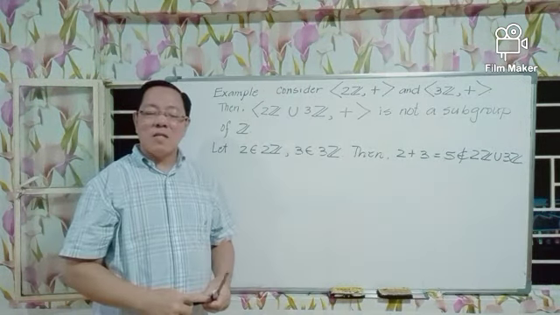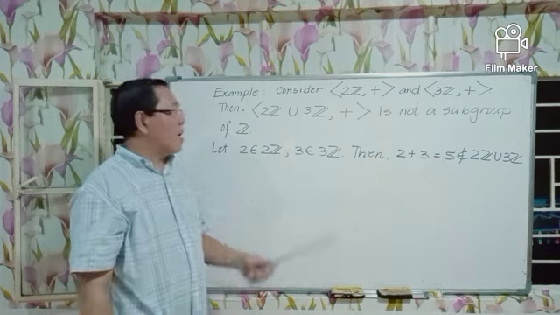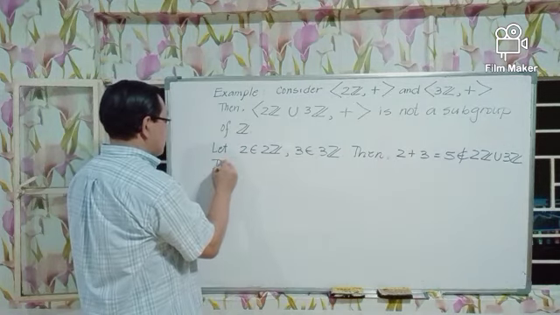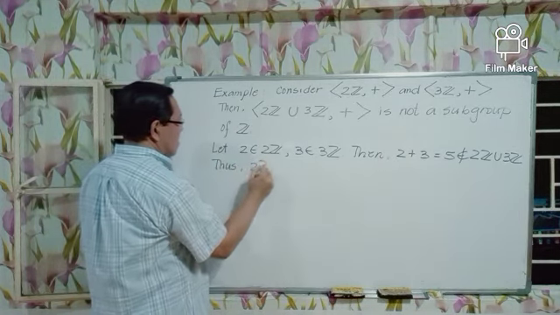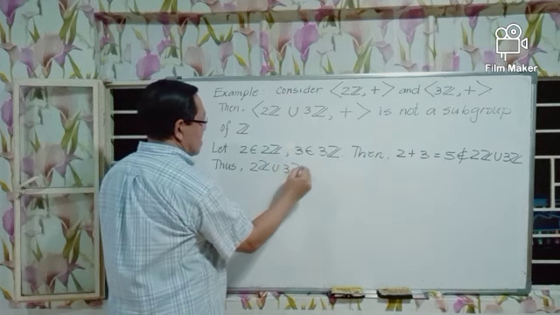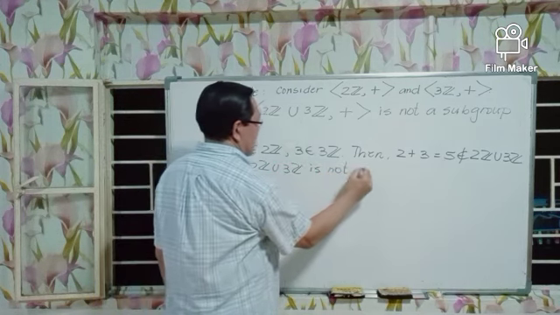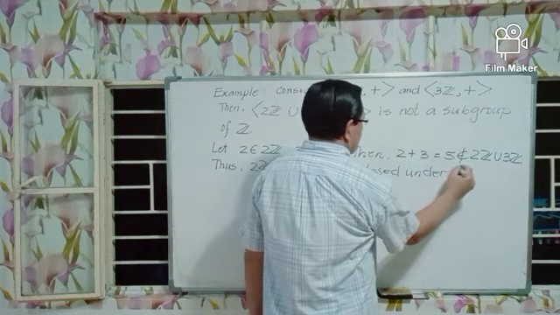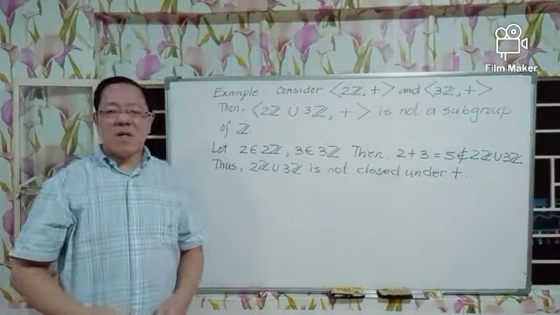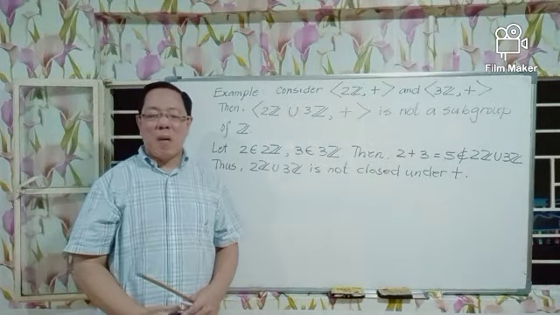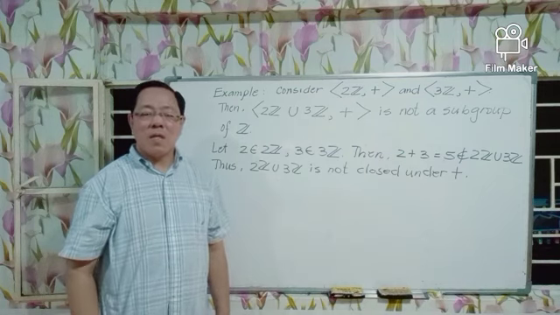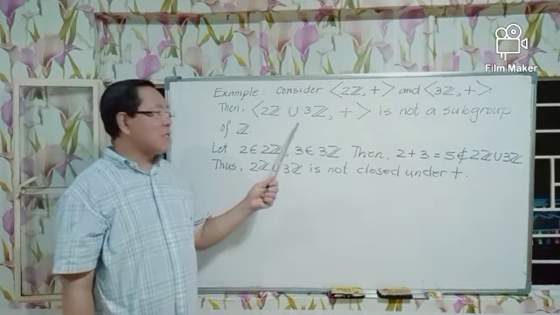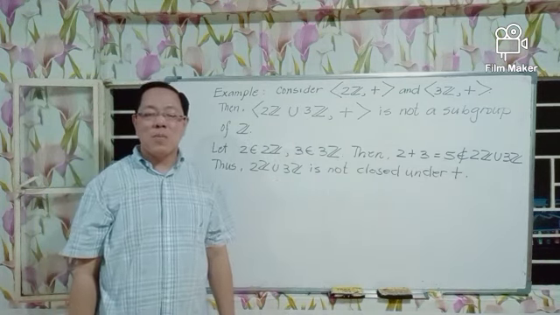And this tells us that the closure property is not satisfied by the set 2Z union 3Z. And because the first property of a subgroup, the closure property, is not satisfied, we can confidently conclude that this set 2Z union 3Z under addition is not a subgroup of Z.